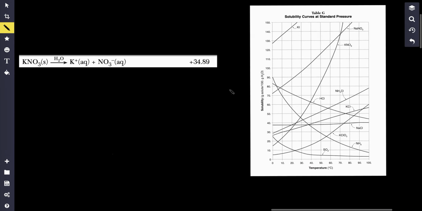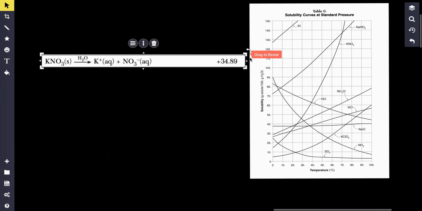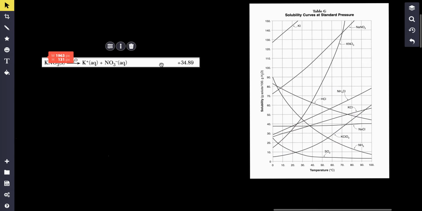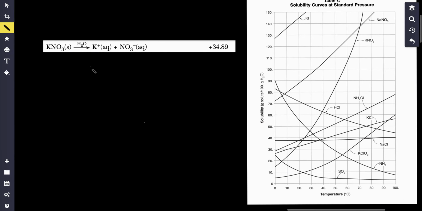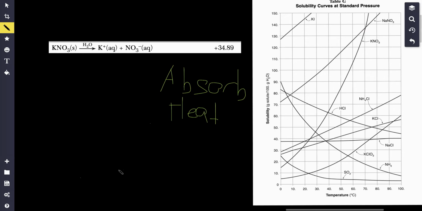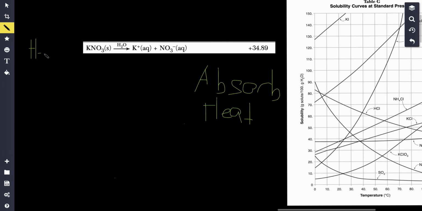Now, another reason why, as you increase the temperature, the solubility for a solid increases. If you guys do not know this, you're going to learn it, probably later on. A lot of times when you dissolve a salt, it's endothermic, meaning that you're going to absorb heat. So when I dissolve my salt in water, that's going to absorb some heat.